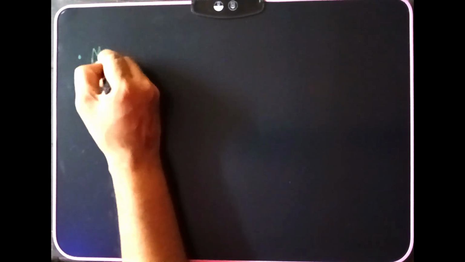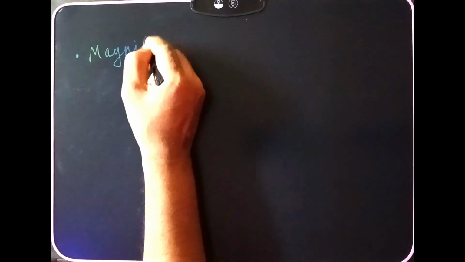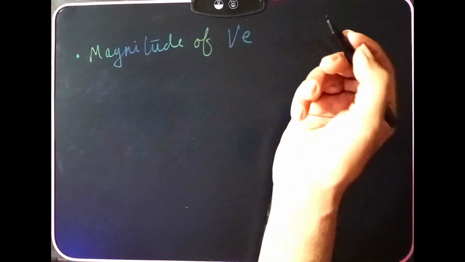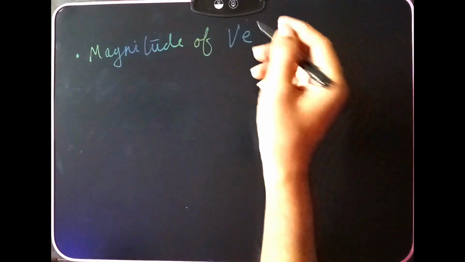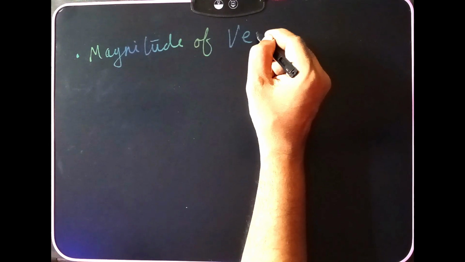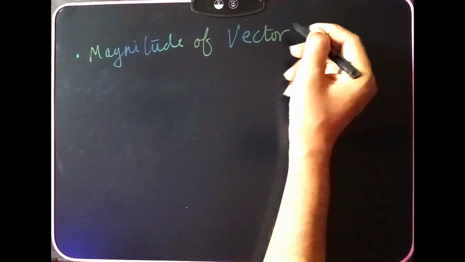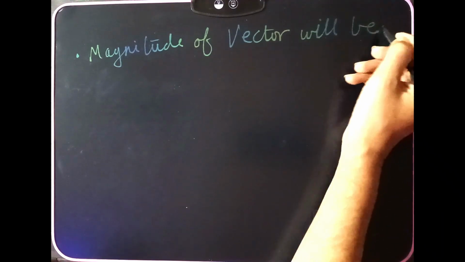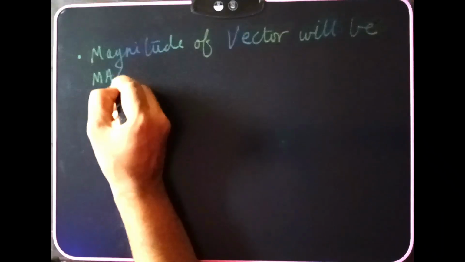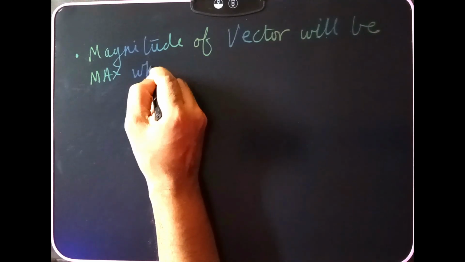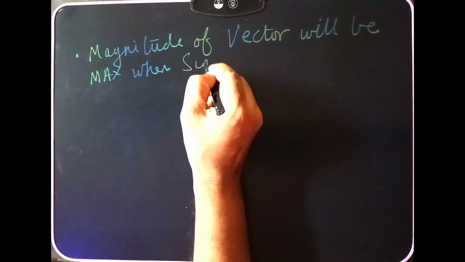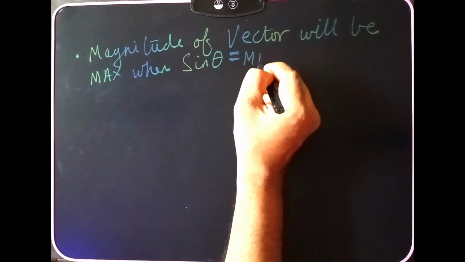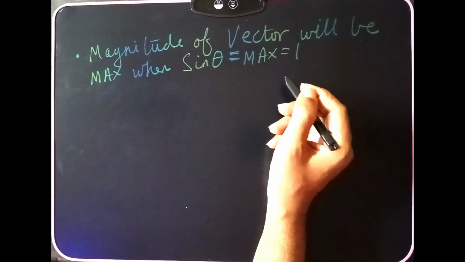So now the magnitude of vector product, like the way we did for theta less than 90 and greater than 90, we'll do it for vector product also. Okay, magnitude of vector product will be max when sin theta is max, and the maximum value of sin theta is 1.